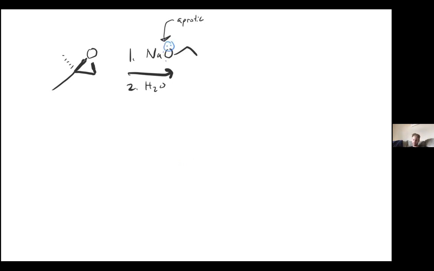Our electrons come in, they're going to attack at our less substituted position. We would flip our stereochemistry, but in this case, it's just going to make an achiral center, because there's two hydrogens on there already.